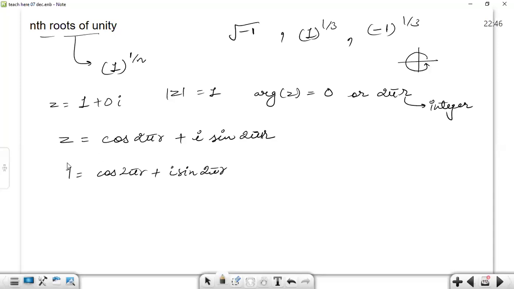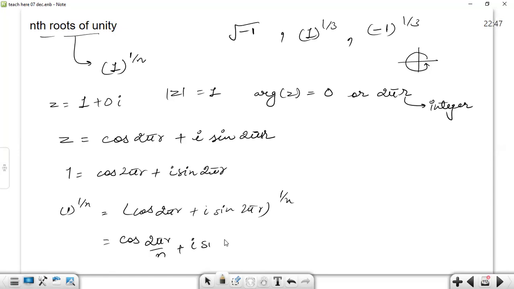Now, if we have to find the nth root of this, let's take its root on both sides. On this polar form we can apply de Moivre's theorem, so 1 by n gets multiplied to the angles. This gives cos 2 pi r divided by n plus iota sine 2 pi r divided by n.